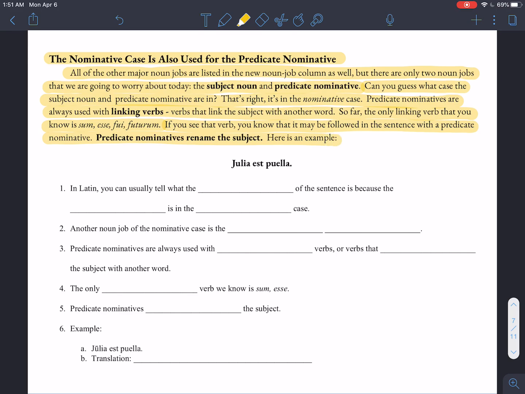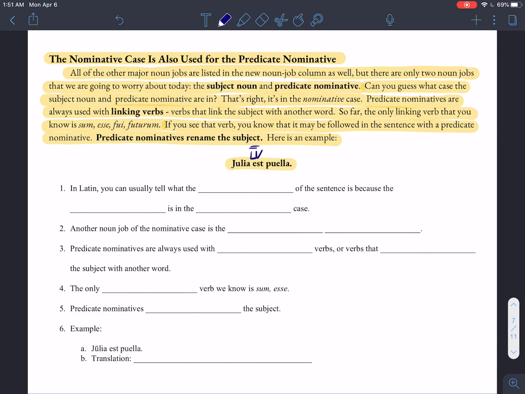Here is an example. Julia est puella. Now, est means is, so that's a linking verb. If you want, you can put an equal sign to help you, but remember, like it is in math.